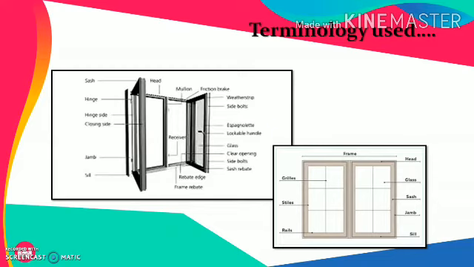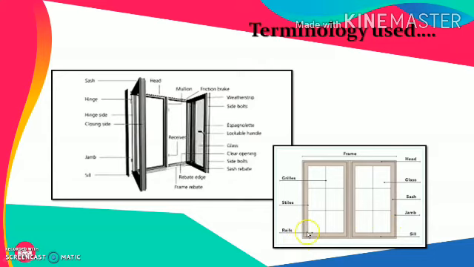Every window, like a door, consists of two major parts. One is a window frame and second is the shutter. The window frame consists of head and jamb. Head is a horizontal member while jamb is the vertical member. At the bottom horizontal member, the sill is provided.